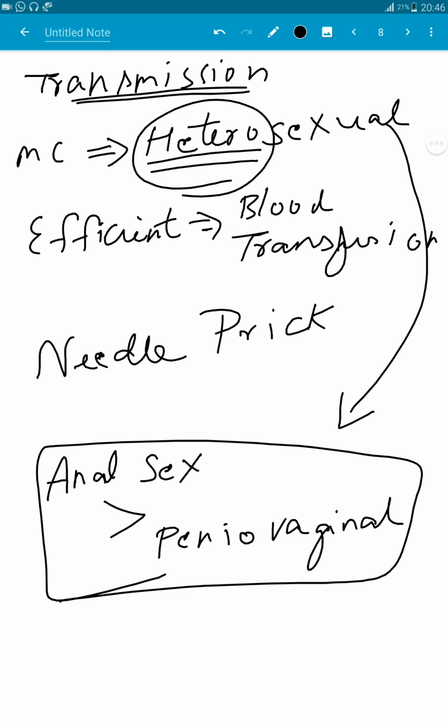Then this is the transmission, and next we can come to diagnosis of HIV. First we can see about culture.